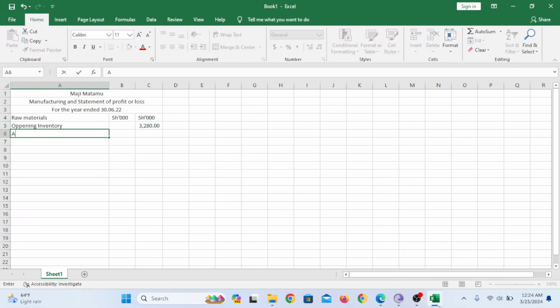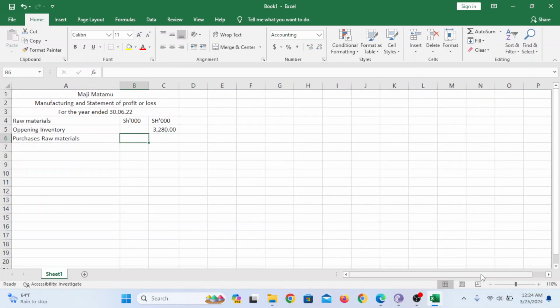Then we need to bring in the purchases of raw material.